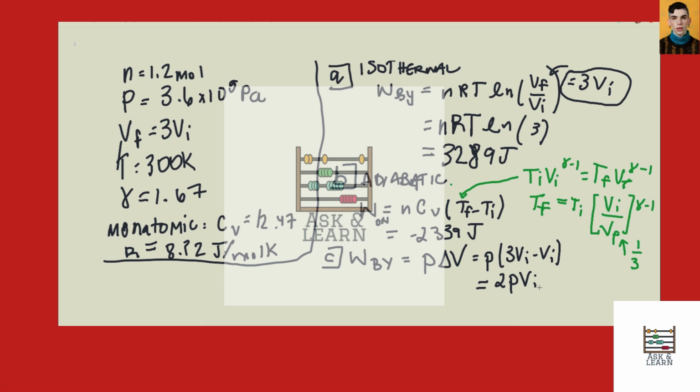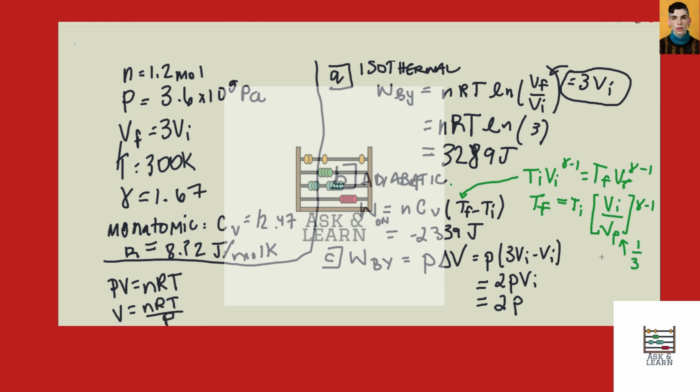We don't have V initial, but we can solve for it using PV equals nRT. I'll put that in our preparation box: V is nRT over P. You've probably seen this many times.